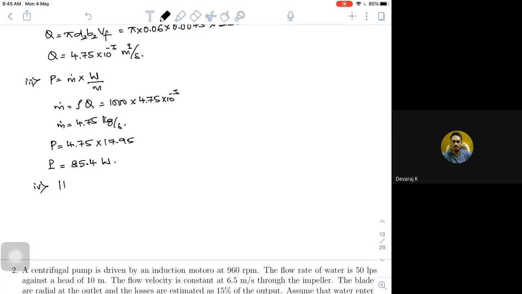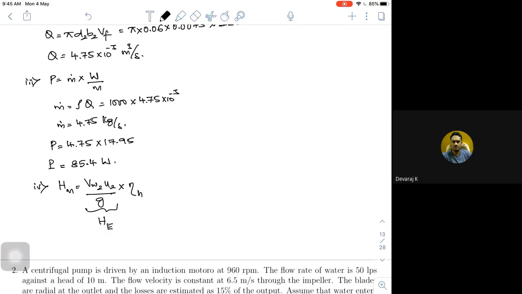The manometric height Hm is equal to Vw2 into U2 divided by g multiplied by your hydraulic efficiency. Because this is actually your Euler head.